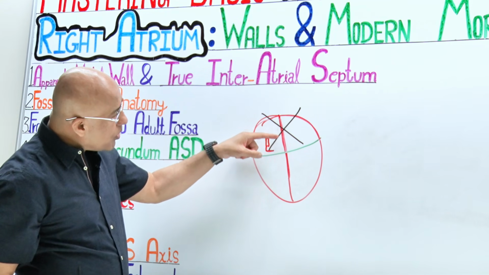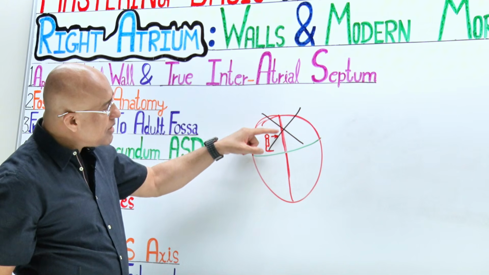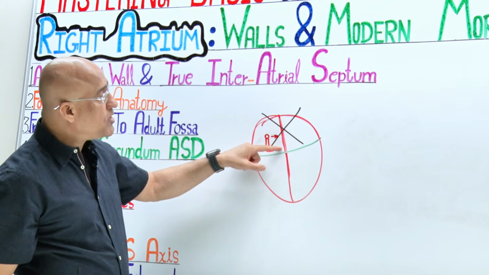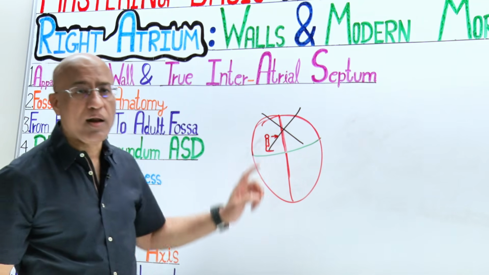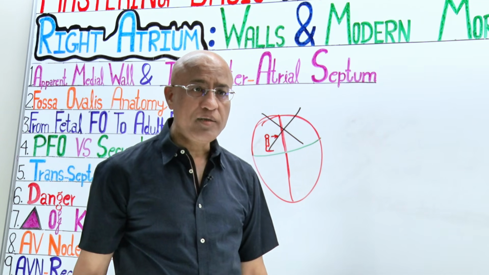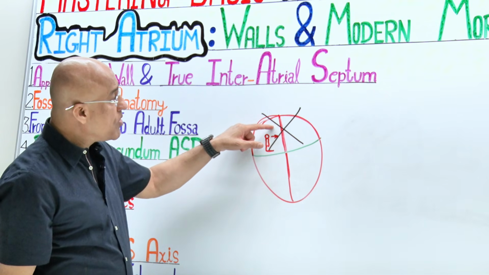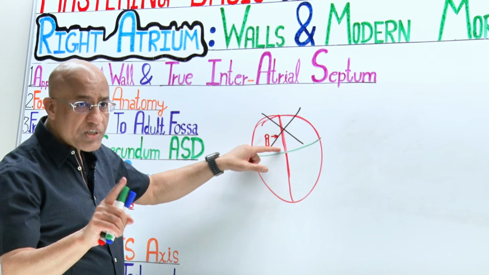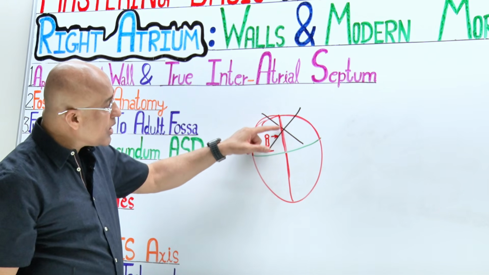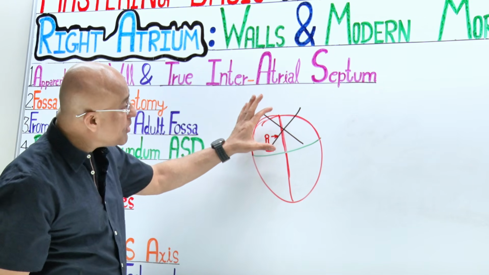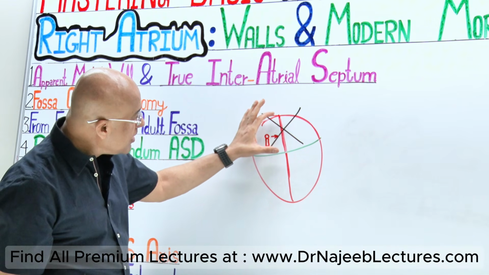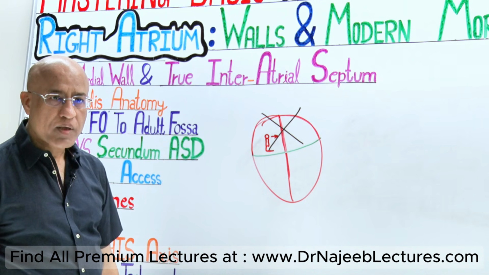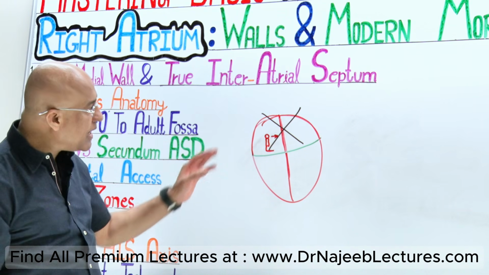All of this wall looking medially, superior part, middle part, lower part, is the apparent medial wall. In the traditional diagram, it looks as if the whole wall is interatrial. This is not true. Why is it not true?